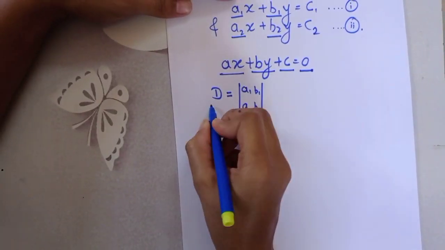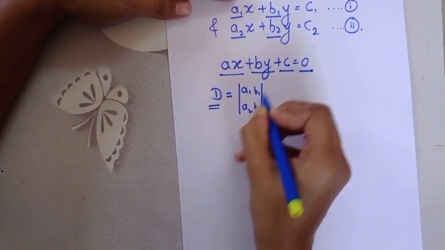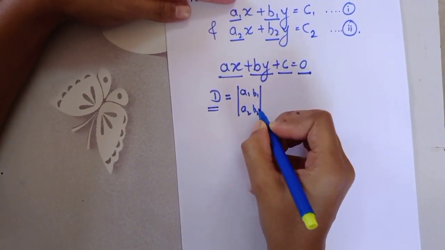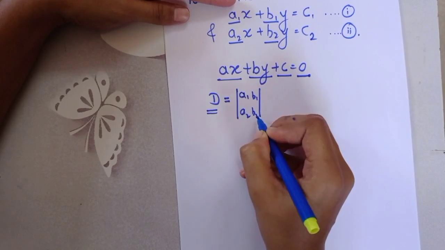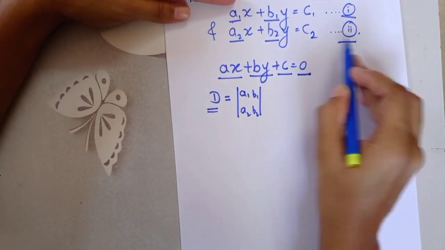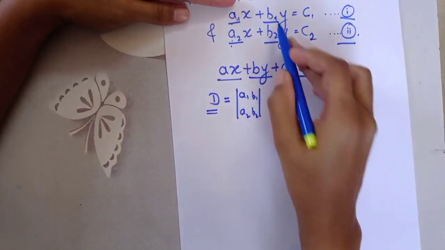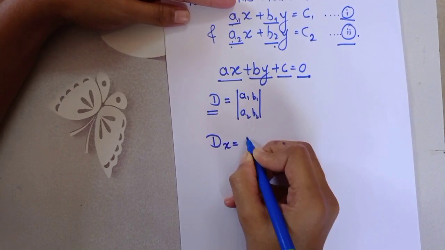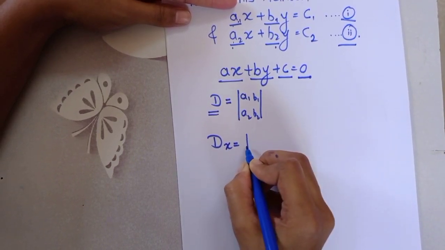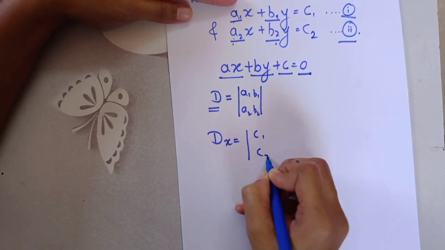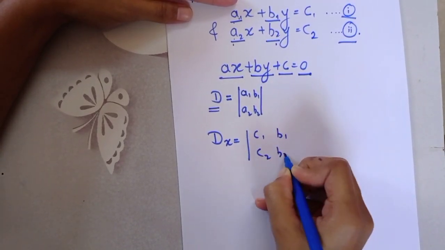Here, determinant D will be equal to, in this we have to write a1, a2, b1, b2. Here a1, a2, b1 and b2 are the constants of these equations. Now, Dx will be equal to, which constants do we have to consider: c1, c2, b1, b2.